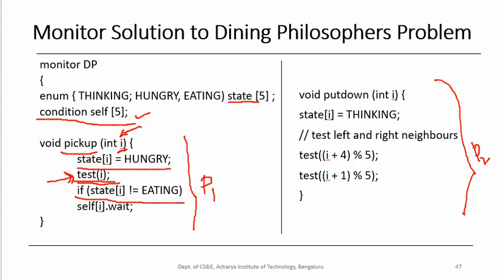If it is not eating, that means the philosopher has failed to get the chopsticks. So I make the philosopher wait by executing self of I, where I indicates the philosopher's number. That itself is the condition. So he will be waiting for the chopsticks. So that is pickup.